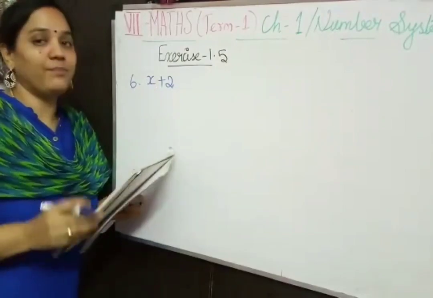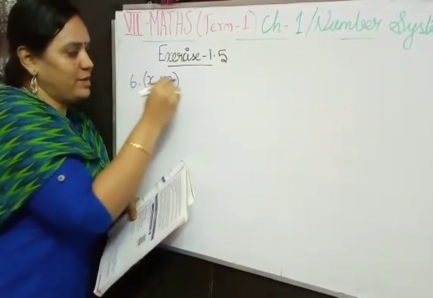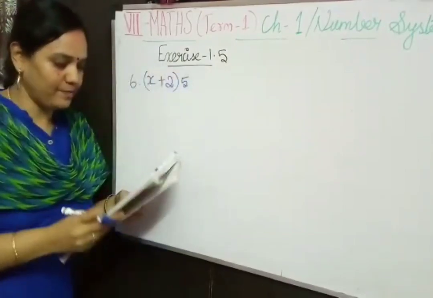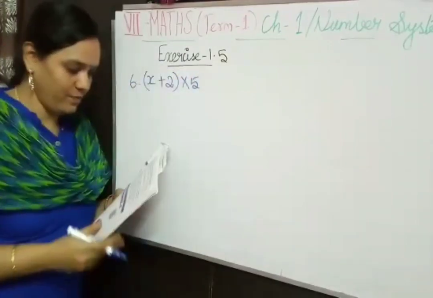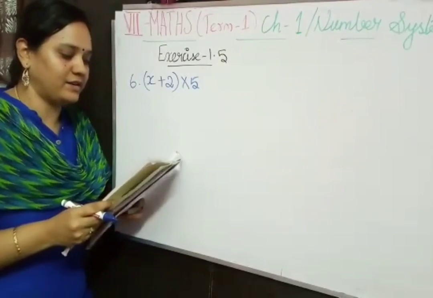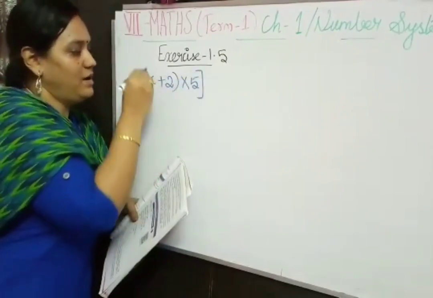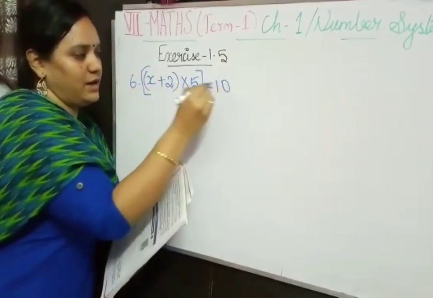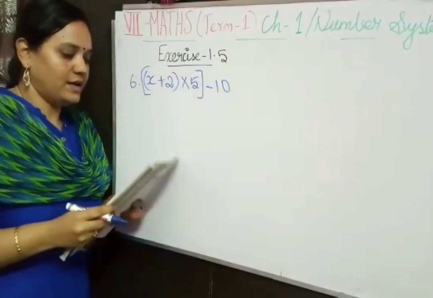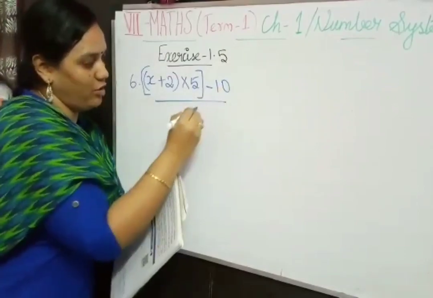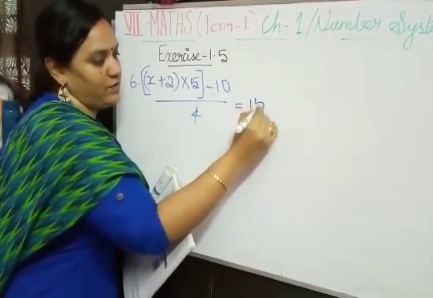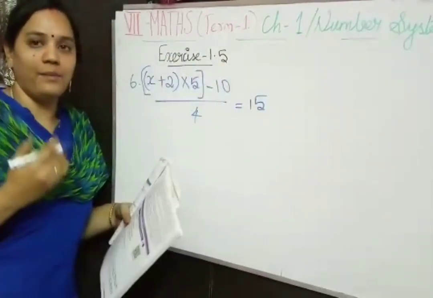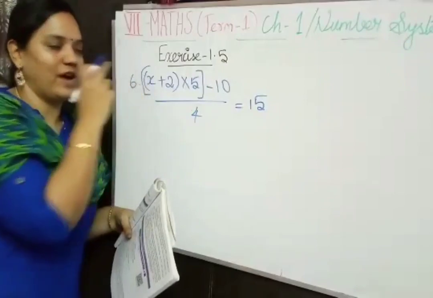Then multiply by 5. Multiply means we have to use the multiplication symbol 5, and subtract 10, and divide now by 4, and I will give you 15. Who am I? So we have to find out the value of x.